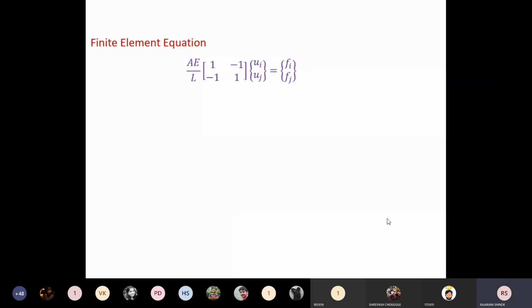Here, this is a very important equation. AE by L into [1, -1; -1, 1] times Ui, Uj is equal to Fi, Fj. Any doubt here? Is it clear?